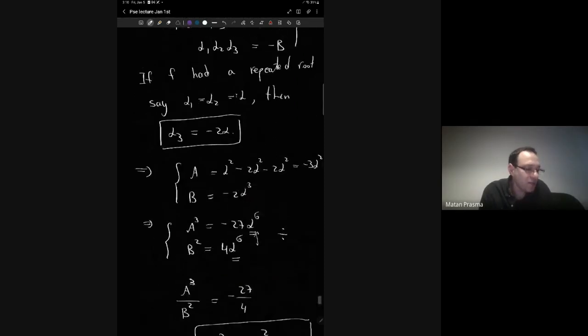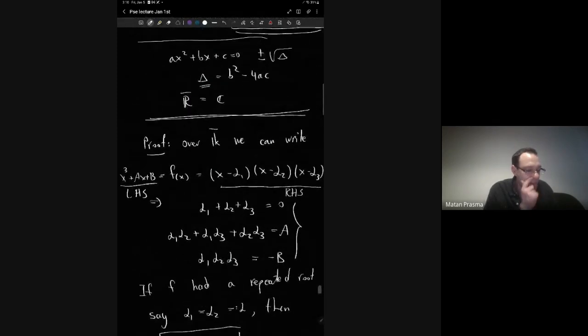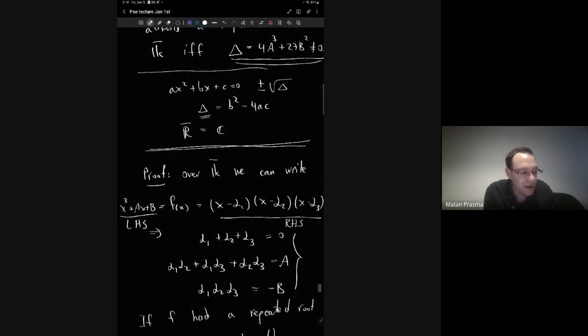But in general, as in maybe the first part of this session, there are different substitutions that lead you to simplifying the equations.